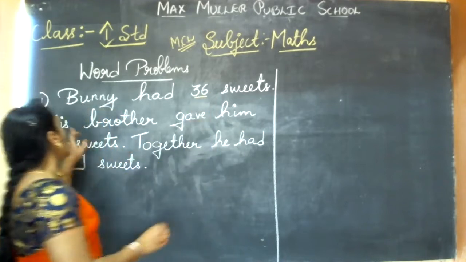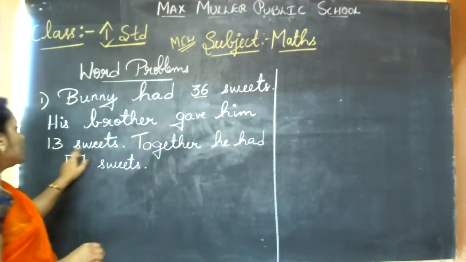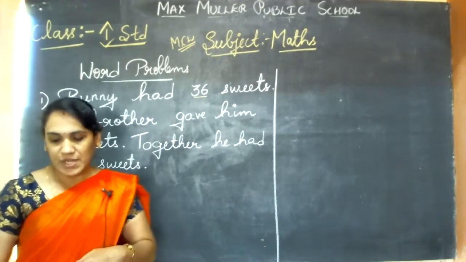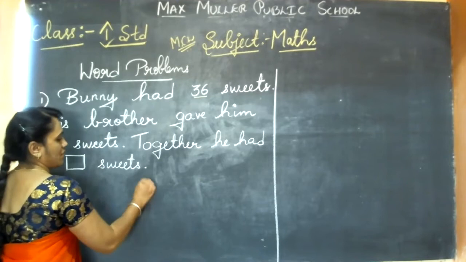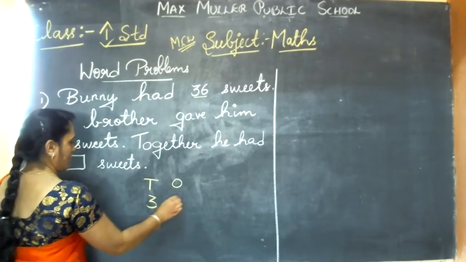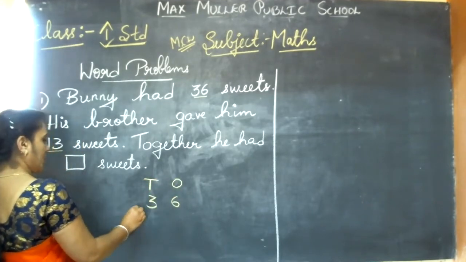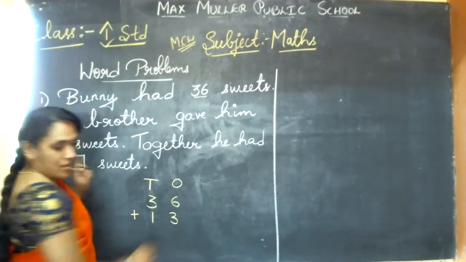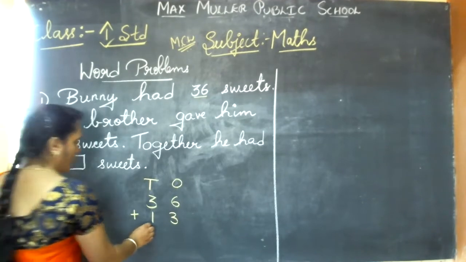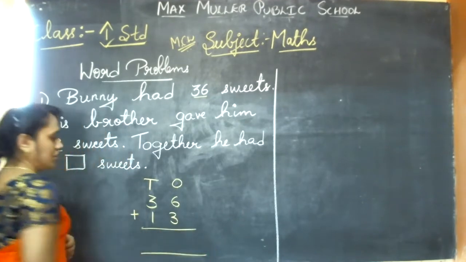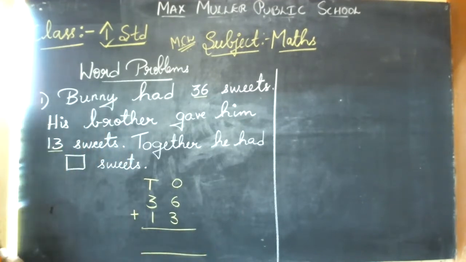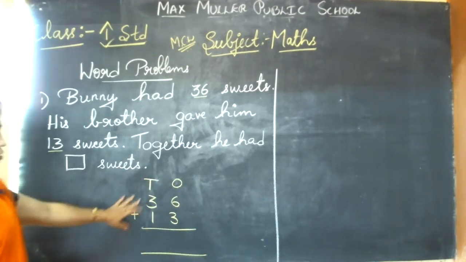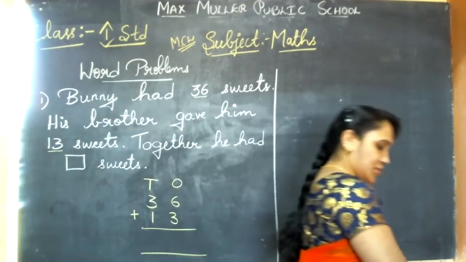36 sweets. His brother gave him 13 sweets. His brother also will give him 13 sweets. Okay. First he had how many sweets? First he had 36 sweets. Plus, how many will his brother give? 13 sweets extra. His brother will give. Brother gives 13 sweets. So totally, how many sweets? Together he had dash sweets. Totally, how many sweets do you have? You have to do addition.